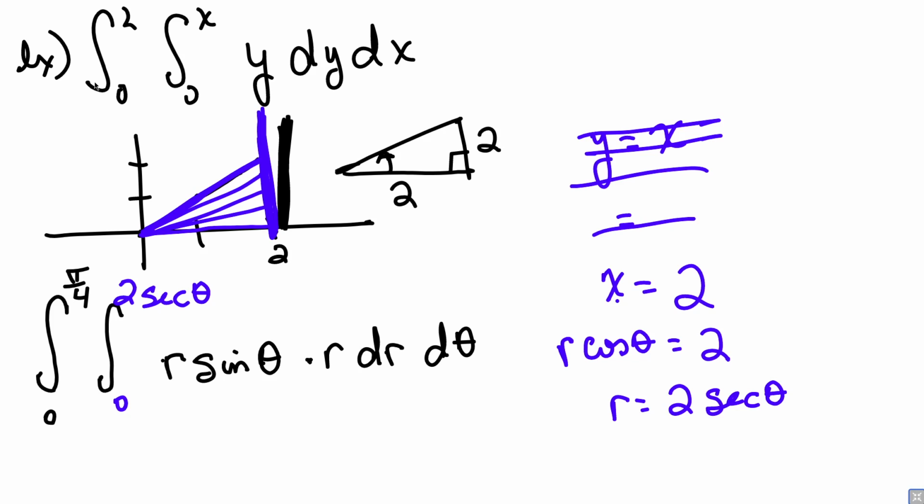It's not always 2. The length is getting a little bit shorter as we go up along the sides. So we are using the line x equals 2 to create our different values for r, and here's what we did to solve for that. Any questions there?